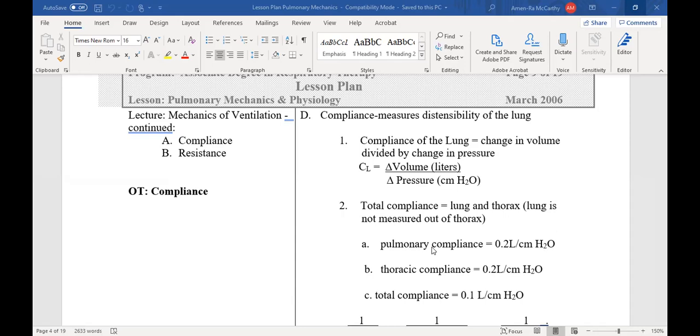COPD patients have floppy lungs, right? They have lost their elasticity because of smoking. That's why they can't get the air out. We said COPD is a chronic obstructive problem. That means they can't exhale well like we can, and since they can't exhale well, they start to build up what? CO2. So they always have a higher CO2, they're always hypercapnic, because they can't get all of the CO2 out because the lungs are just floppy, like old drawers.